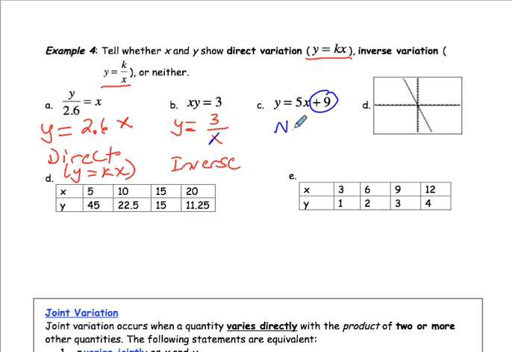So this is neither. This is a linear model, but not direct variation. The graph will not go through the origin. The next one, if I have y equals kx and k is negative, then I would get a line of this sort. This is the line here. So this is actually an example of direct variation, but k is negative.